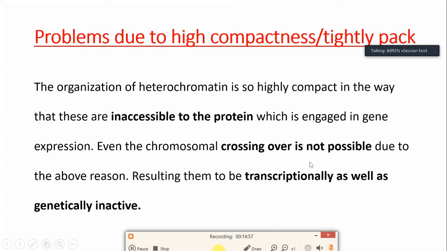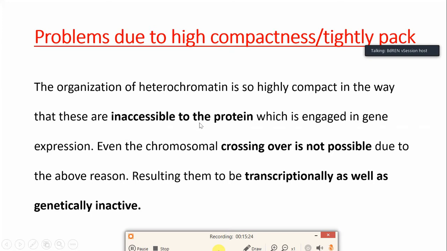Even chromosomal crossing over is not possible due to the above reason. Due to its high compactness, they do not share a portion of the chromosome with the male or female counterpart. As a result, crossing over is not possible, resulting in them being transcriptionally as well as genetically inactive.